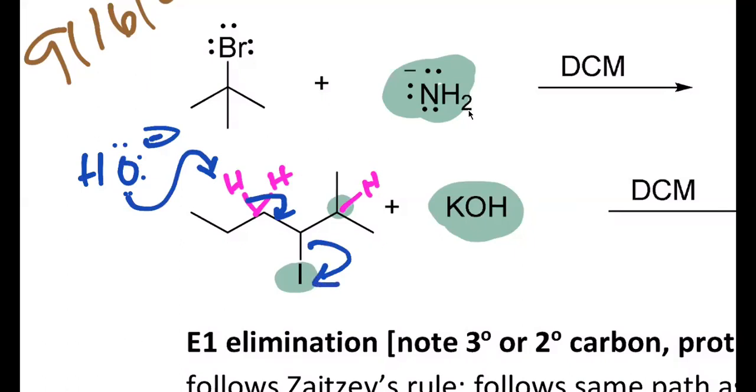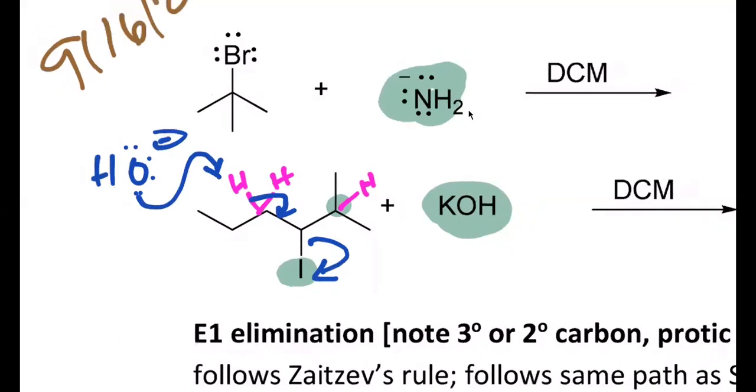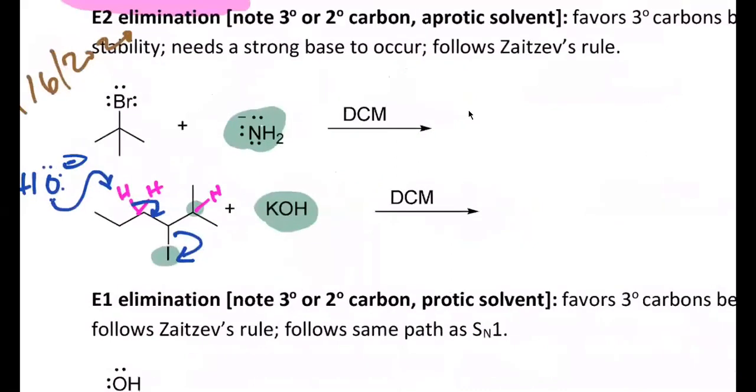All right, so let me show you. Let's look on the other side of the arrow, see what we get. So we're going to get this for sure. That's the conjugate acid of the base.